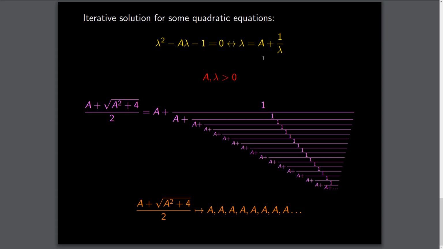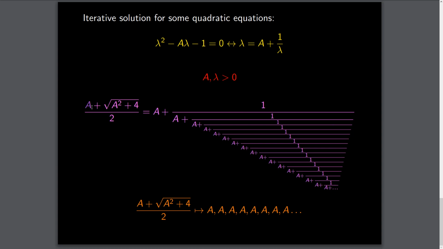And you can actually write an iteration for this one as well, just like in the case of the square root of 2. So you observe that this lambda is the same as the entire expression, so you end up substituting a plus 1 divided by lambda in the place of lambda, and thereby obtaining this infinite continued fraction.